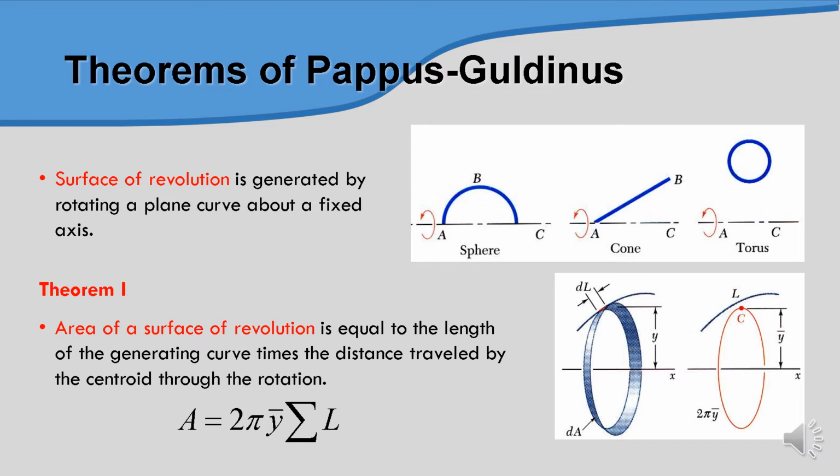So the value of A is equal to 2 pi times y bar, and then times the total length. In this case, it will produce the area. So for the surface area of a sphere, cone and torus, we get the area by using this formula.